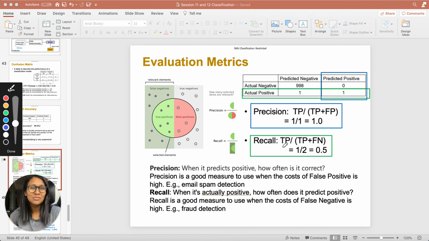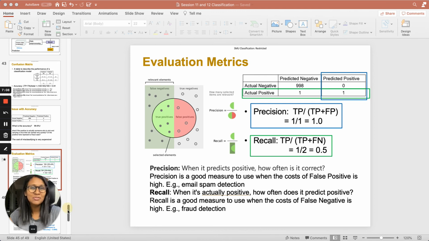So that is true positive upon true positive plus false negative. Precision and recall are both important measures of evaluating a model, and hence when we do the class example, we will not only calculate the accuracy, but we will also calculate the precision and recall of our model.